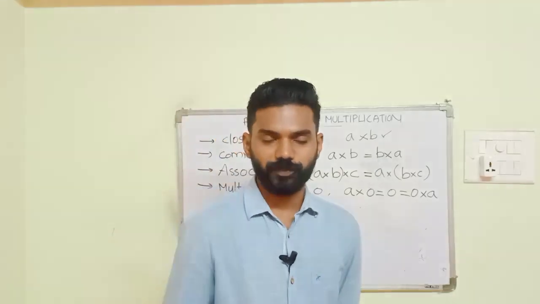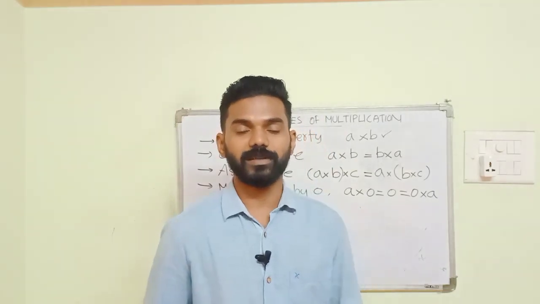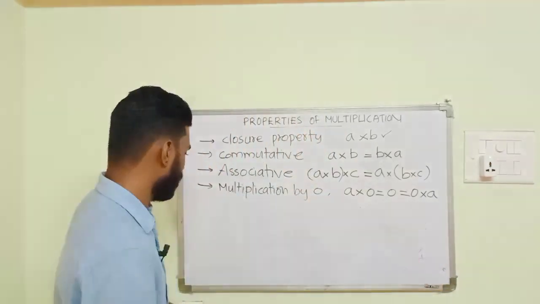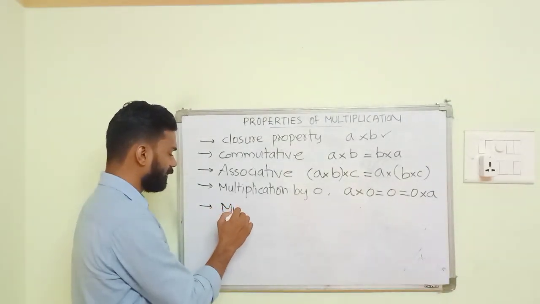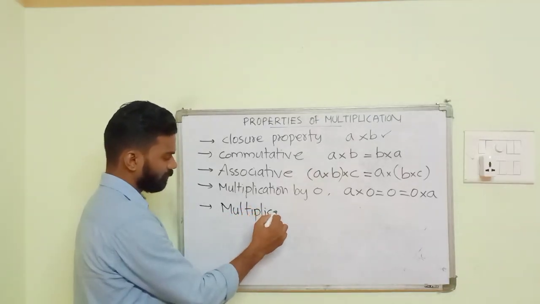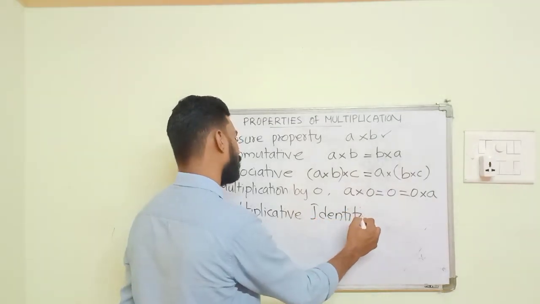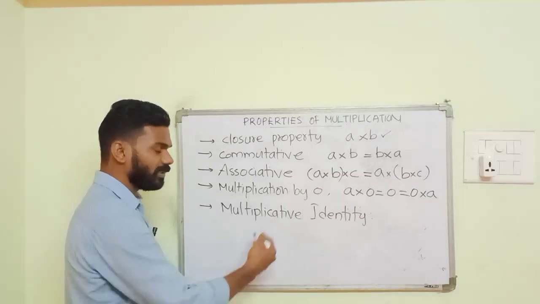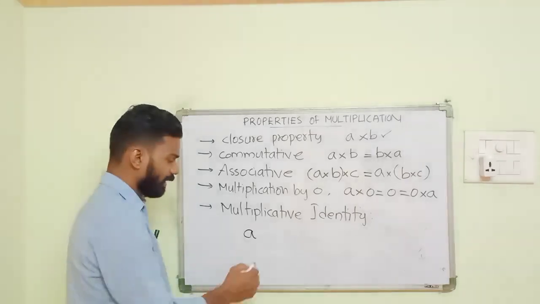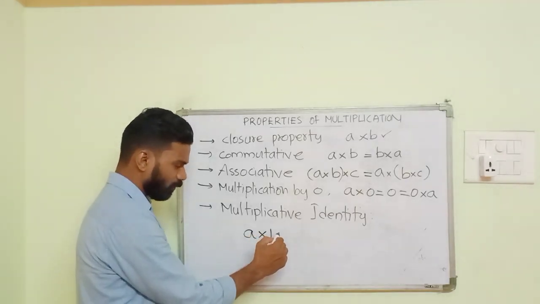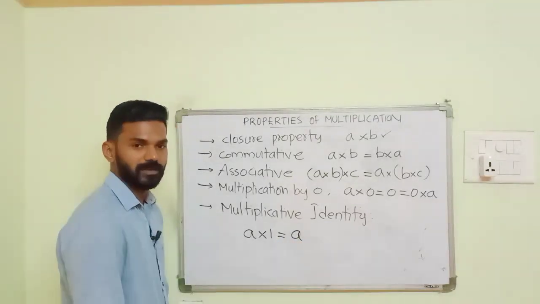In addition to these properties, today we will learn two more important properties related to multiplication, one of which is multiplicative identity. Suppose we have a number A, and if you multiply this number with 1, the answer will be A itself.